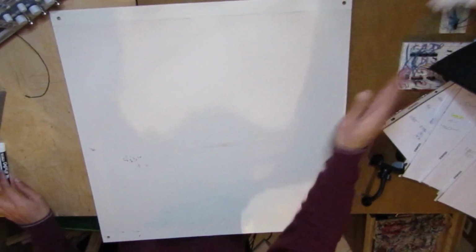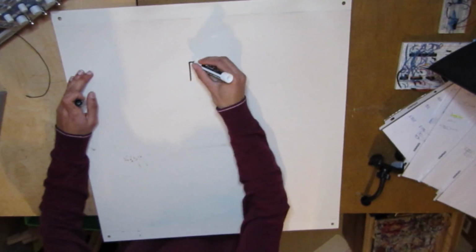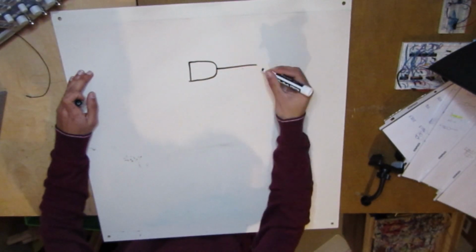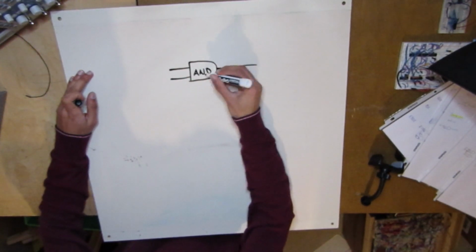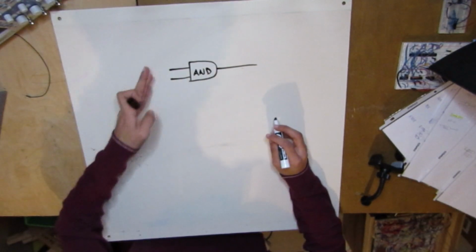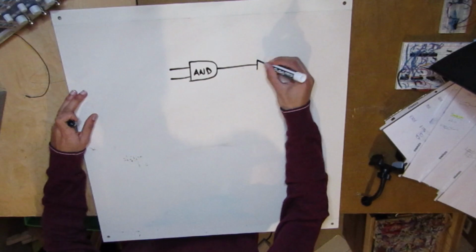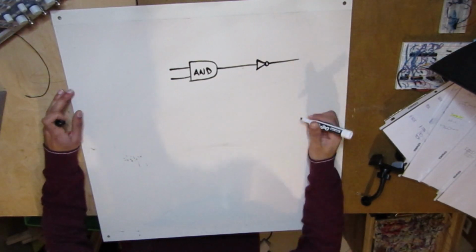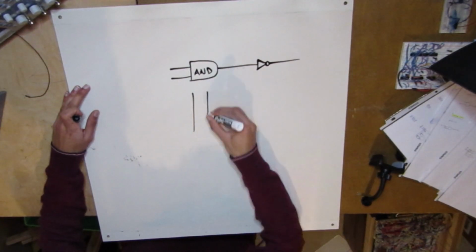Okay, now let's do something really weird. Let's take an AND gate. Remember, don't think of the truth table, think of it logically as AND. A and B need to be on, then the output will be on. But what if we put a NOT gate right there? First, let's draw the truth table for the AND gate.